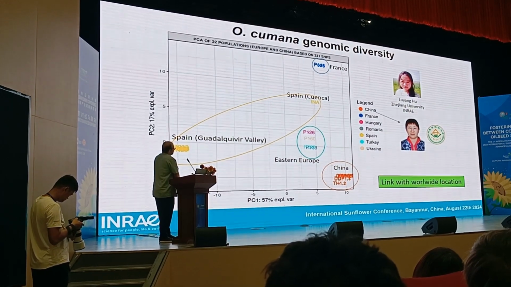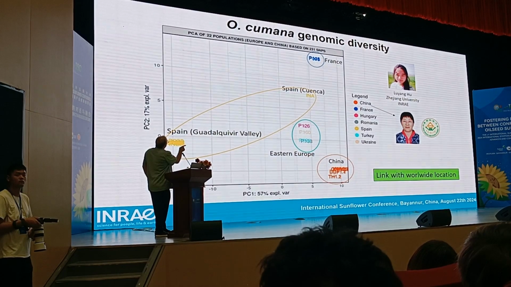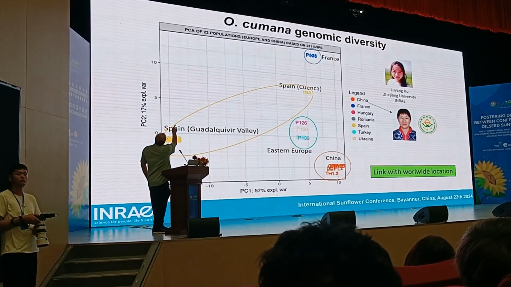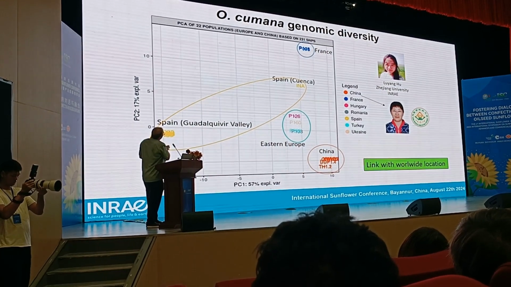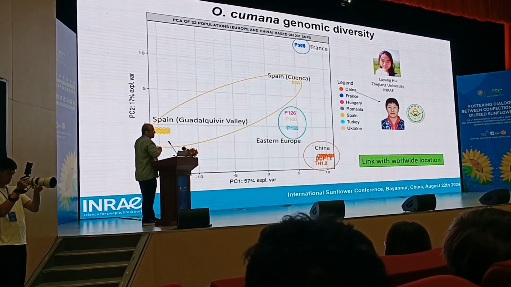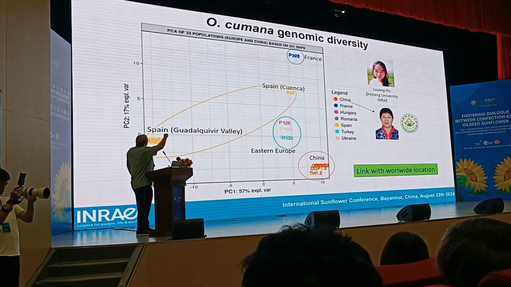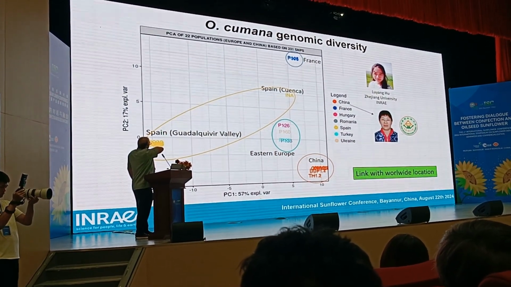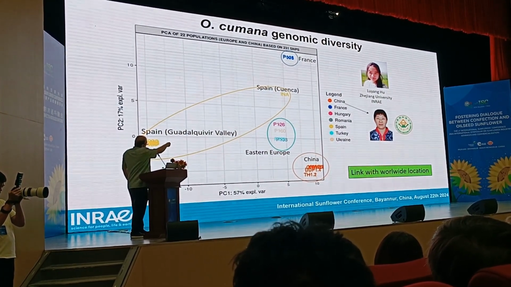Inner Mongolian Agricultural University. We genotyped 22 populations from Europe and China, and we selected 231 SNPs common to all the populations. And as you can see, we have different genetic groups: one in France, one for Eastern Europe, one for China.